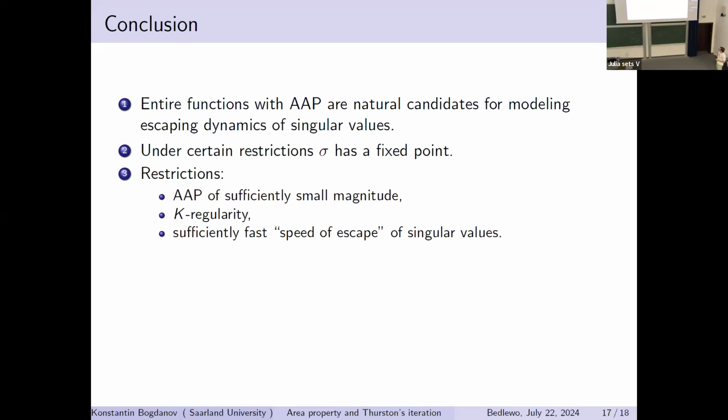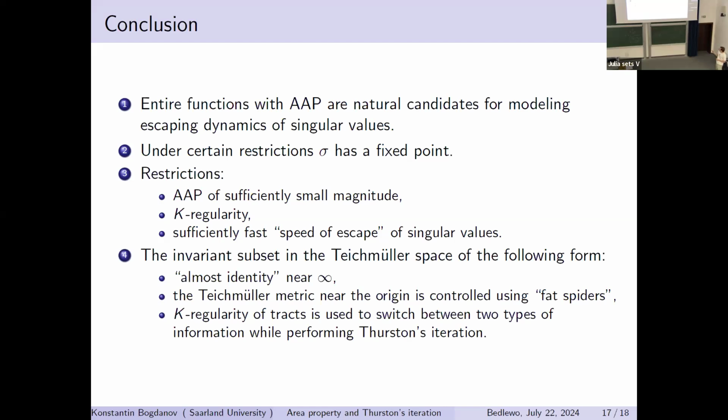And we must have sufficiently fast speed of escape of singular values, because if they escape with the speed of a polynomial, then the theory would not work. It's not enough, and even for the exponential.